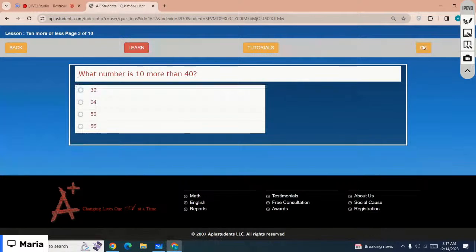So which is the correct option? Very good. 10 more than means you need to add 10 to the number. So 40 plus 10 makes it 50. The correct option is 50.